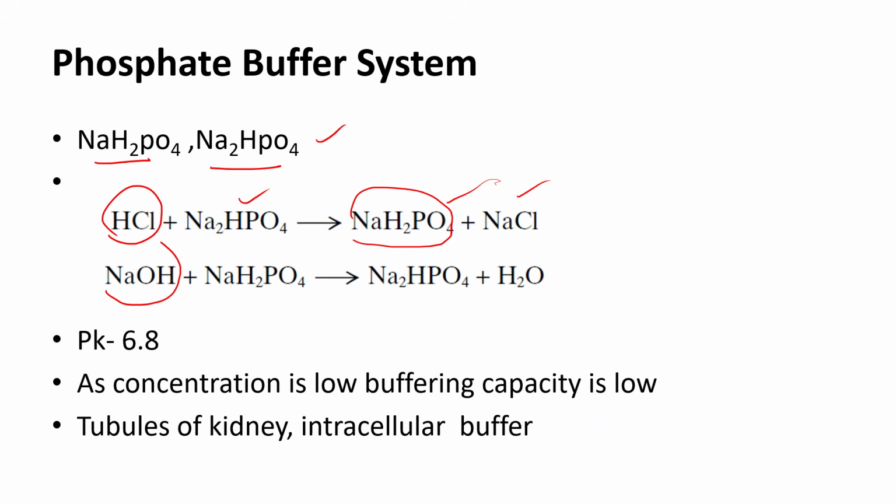Similarly, sodium hydroxide is added which fuses with sodium dihydrogen phosphate to form a weaker base or a salt, that is disodium hydrogen phosphate, and its pK value is 6.8, but it is a weaker buffer in extracellular fluid because of its low quantity. But it is a good buffer in tubules of kidney and an intracellular buffer where its pK value is nearer to the intracellular pH.